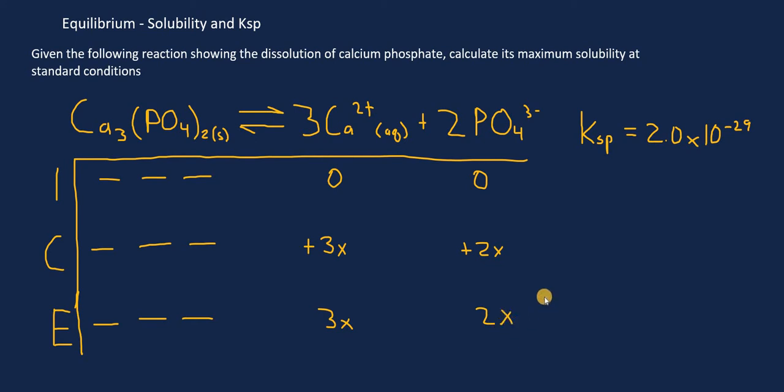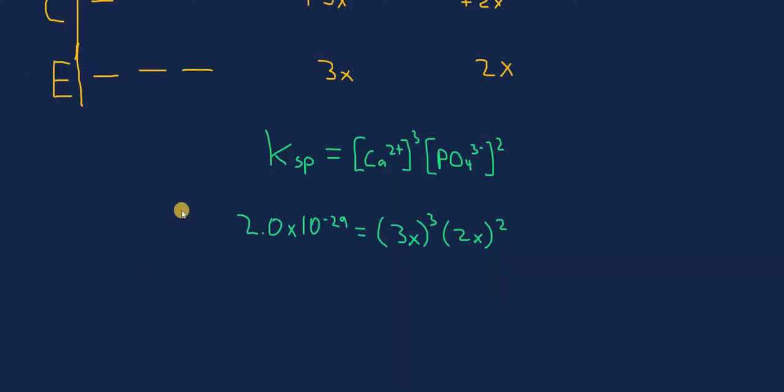So now we can go ahead and fill out the equilibrium expression for this reaction. So the generic equilibrium expression for this reaction is our Ksp is equal to the equilibrium concentration of calcium ions cubed times the equilibrium concentration of phosphate ions squared.